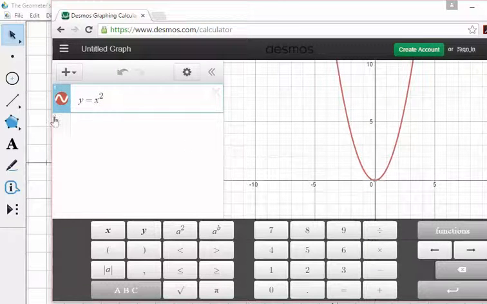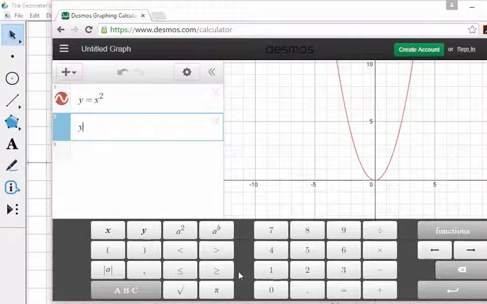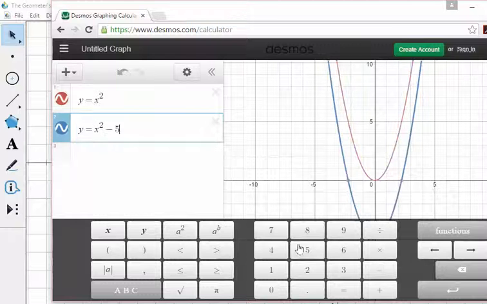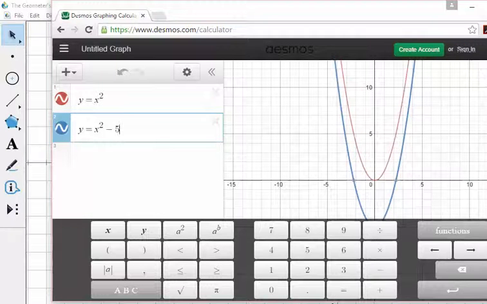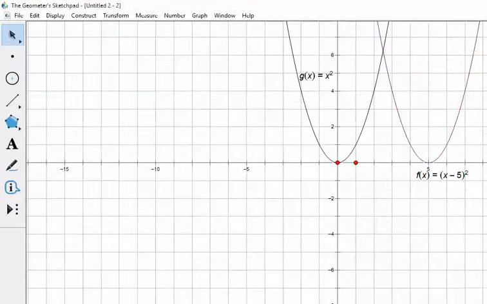And then if I want to do another one, I just click down. In this one, I'll do y equals x squared minus 5, which was one I was going to do. So see, it graphed both of them at the same time. And then again, I don't know how to save. You can't really save this as a file. But you can take a screenshot of this and attach it for your extra credit if you want.